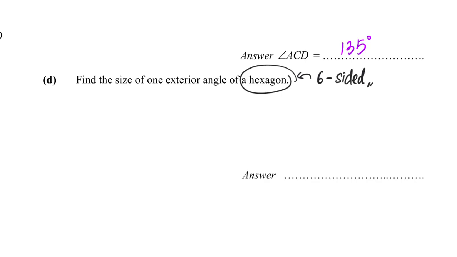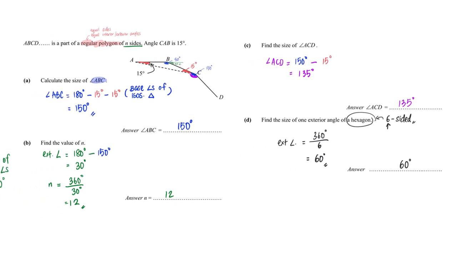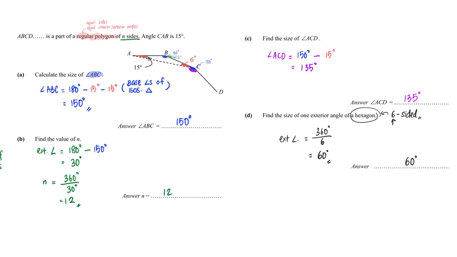And since this is going to be a regular hexagon, we know that the sum of exterior angles is 360 degrees, and there are 6 of them, and therefore for one exterior angle, we just need to divide by 6. Okay, with that we have come to the end of this particular problem, and let's move on to the next question.